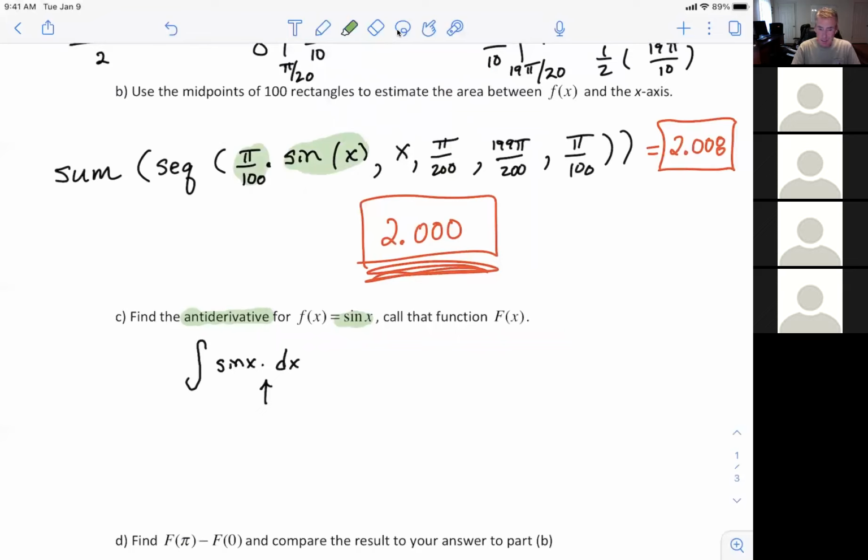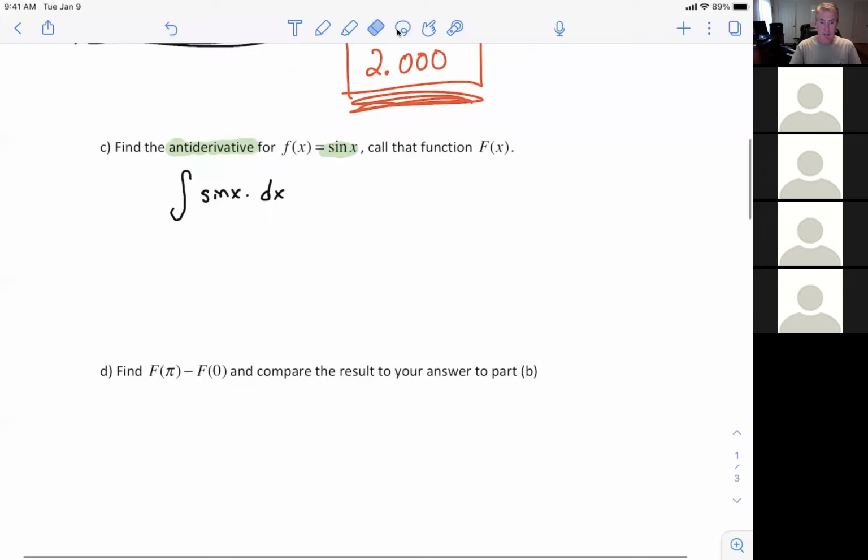So sine times the width, delta x, and then this is really just a big S for sum. So it's really saying the same thing as this. Find the sum when it's sine times the delta x. But instead of using rectangles and instead of using the calculator, we'll use the antiderivative.